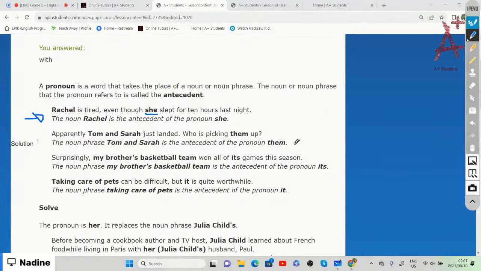For example, we could have said Rachel is tired, even though Rachel slept for 10 hours last night, but we don't repeat the name. We just say words like she, it, them, they, and so on.